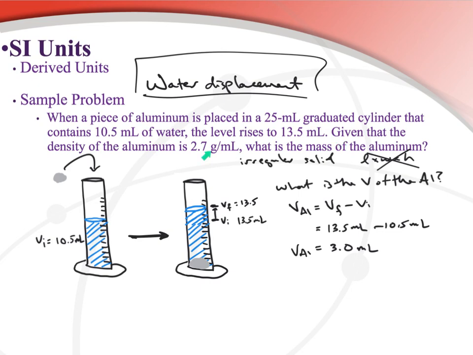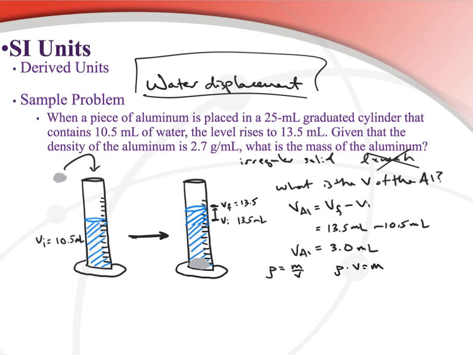Now it says we know the density of it. What's the mass? Okay, so my equation, density is mass over volume, rho equals m over V. The one thing I don't know is mass, so I'm just going to use algebra and bring the volume up to this side. Just rearrange it, multiply both sides by V. I get density times volume is equal to the mass.